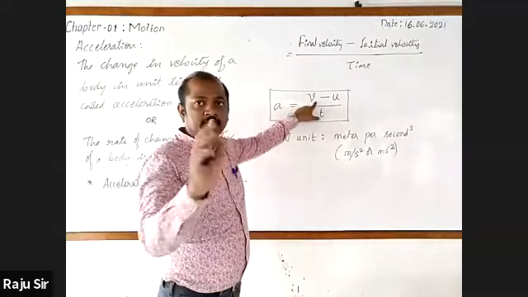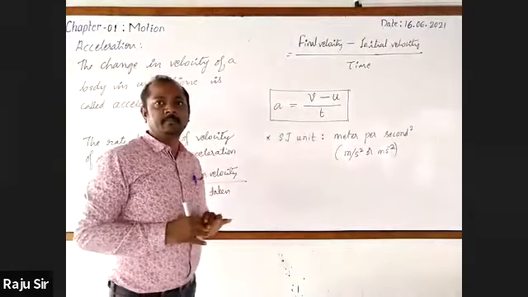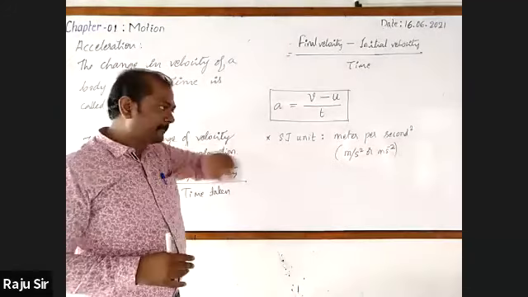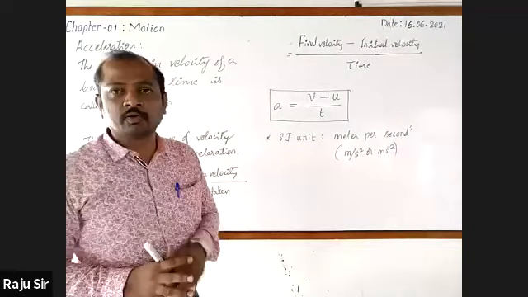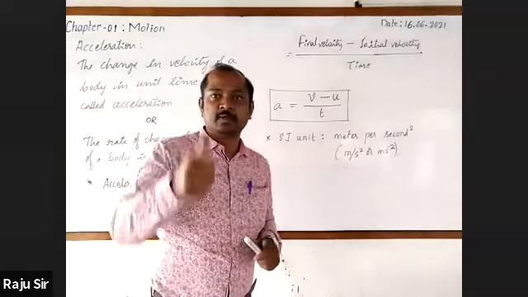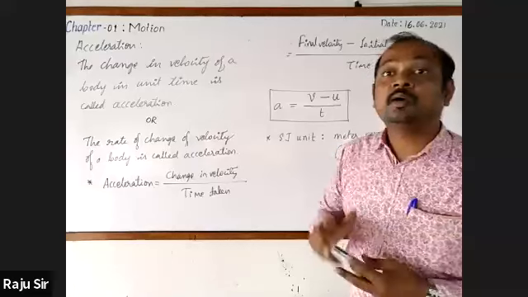Then only you have to use small letters v, u, t as well as a. And write up to here. Sir, in average velocity, you have given the formula initial velocity plus final velocity by 2. Sir, that is average velocity.